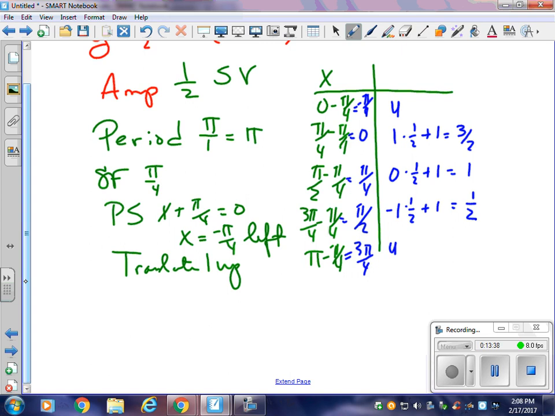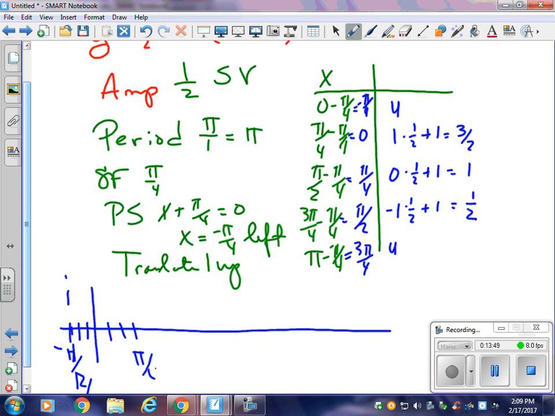Okay, we don't need a lot of negative, but we need a little bit of negative. Because negative pi over 4 is a vertical asymptote. Pi over 4, a half, 3 pi over 4 will be one cycle. 0 is 3 halves, so we're going to need to go by 1 so we can estimate where the halves are.